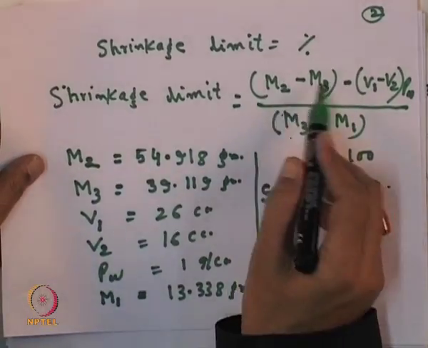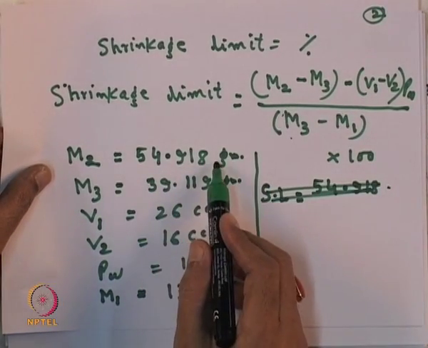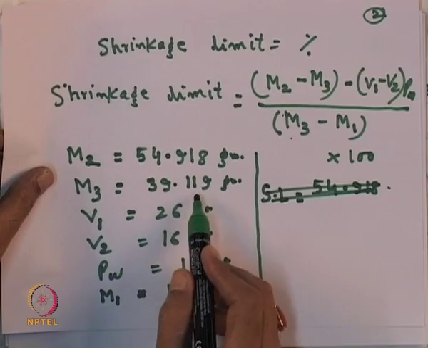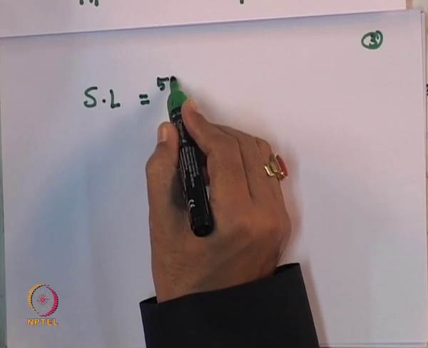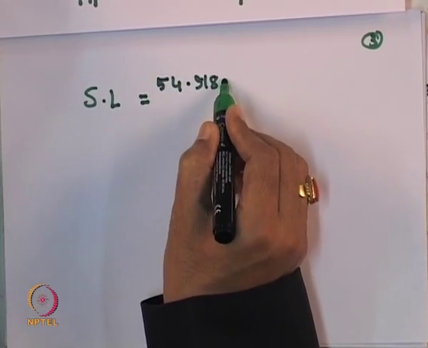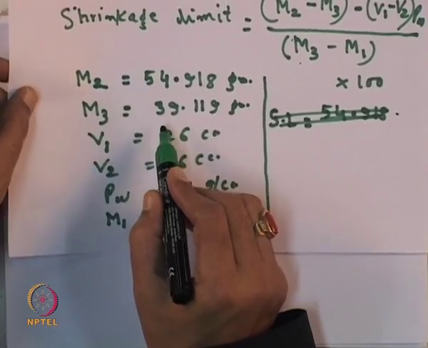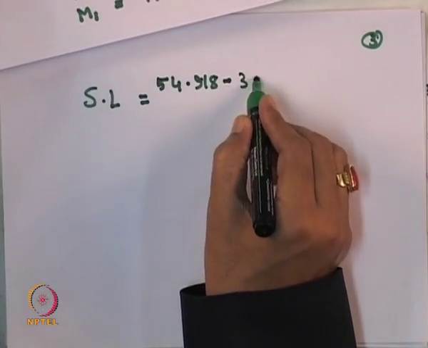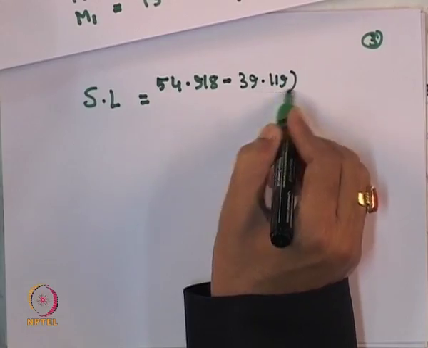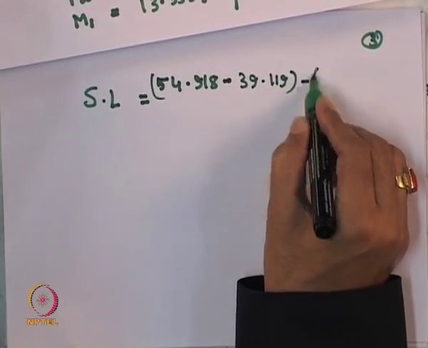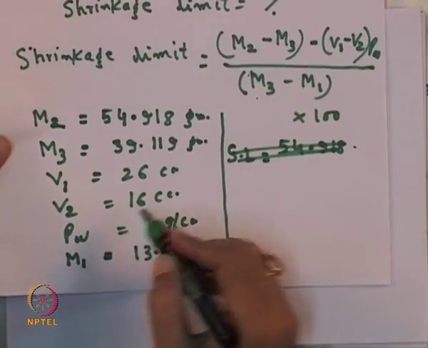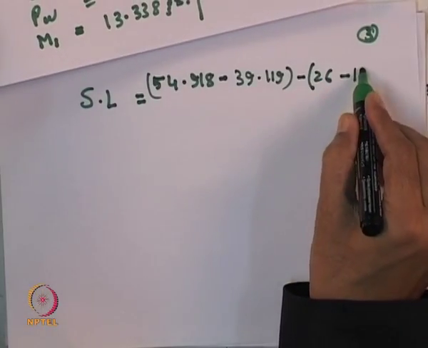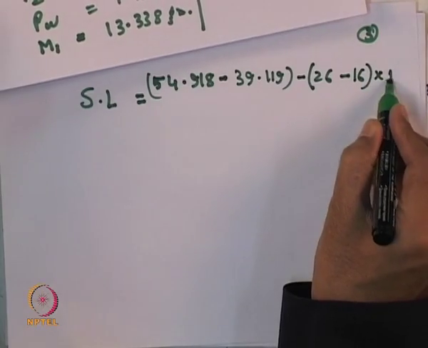M2 is 54.918 minus M3 is 39.119. This minus V1, V1 is 26, minus V2, V2 is equal to 16, and rho W is equal to 1.